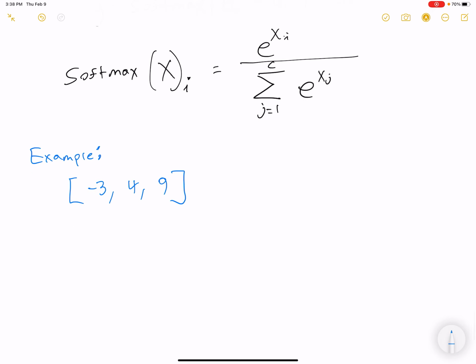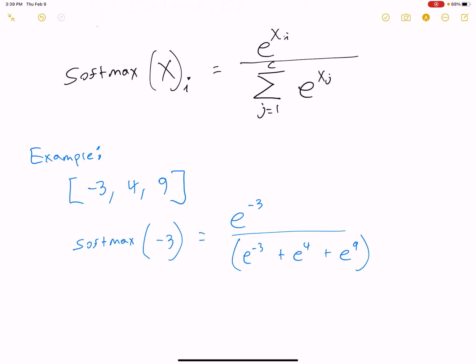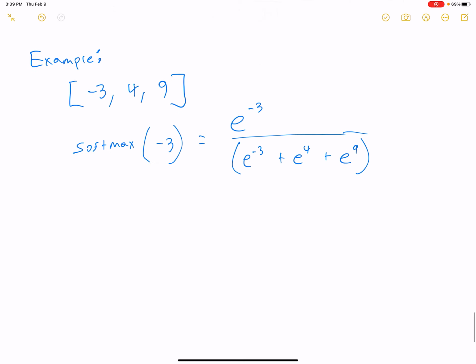Then the softmax of -3 is equal to e to the -3 over the sum: e to the -3 plus e to the 4 plus e to the 9th. So we're basically normalizing by the sum, and that's going to give us the probability of that class.